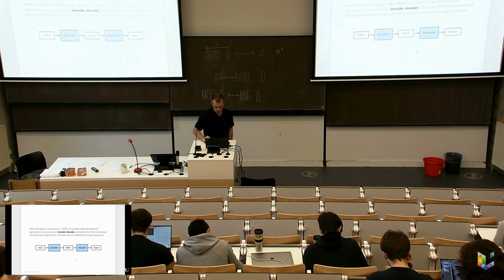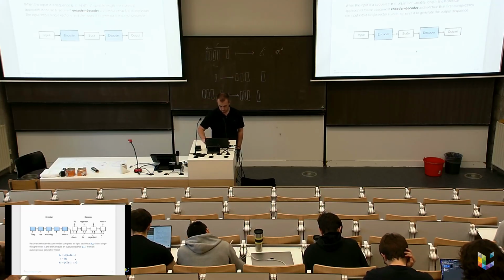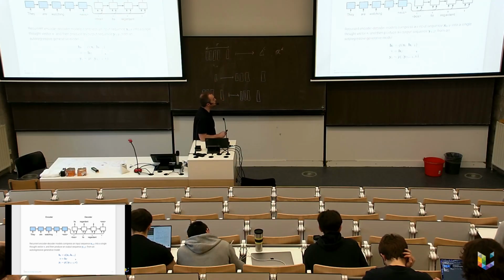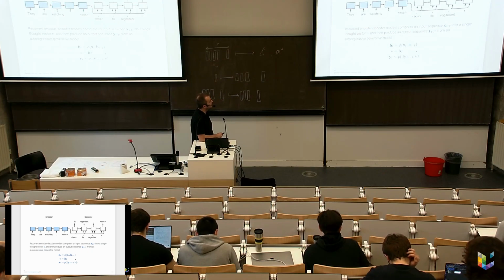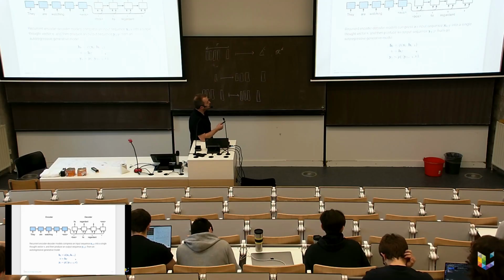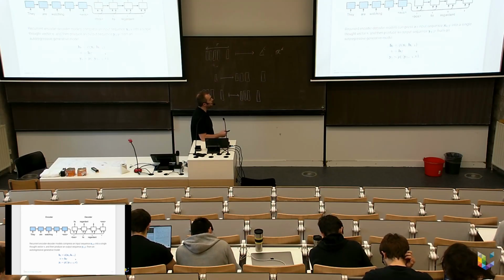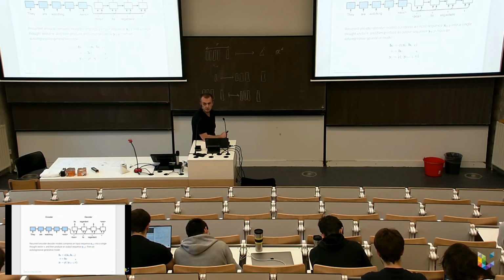Okay? So, for example, this would be the case of an encoder-decoder architecture based on a recurrent neural network, in which on the left you have the encoder part, so you have a neural network that you apply repeatedly to the elements of the sequence.